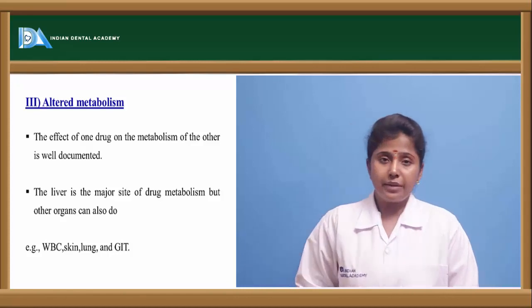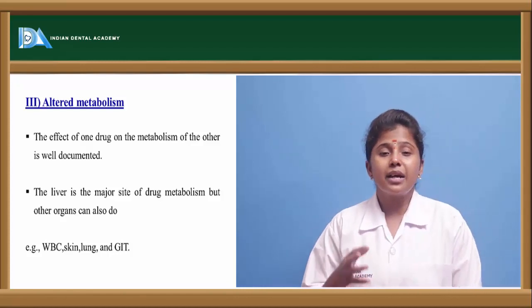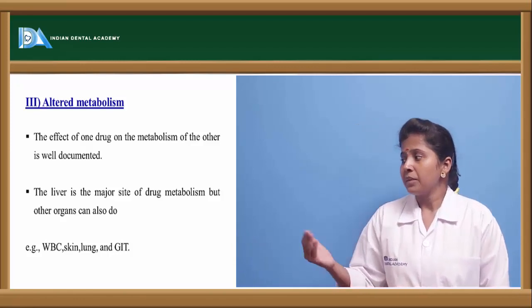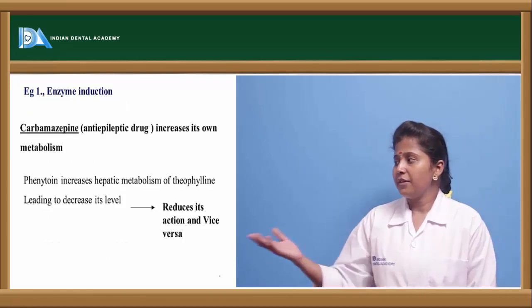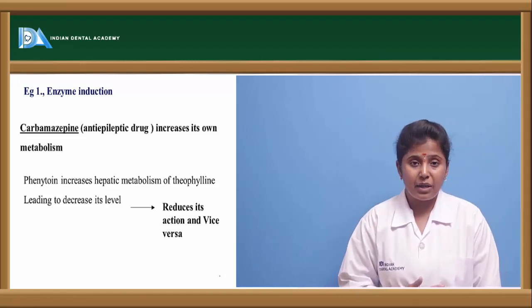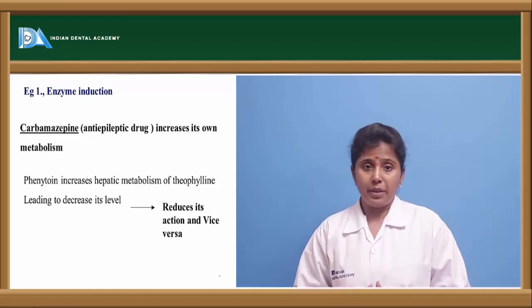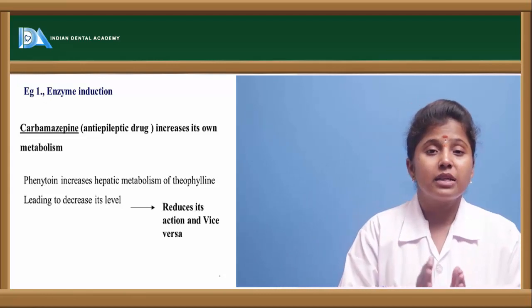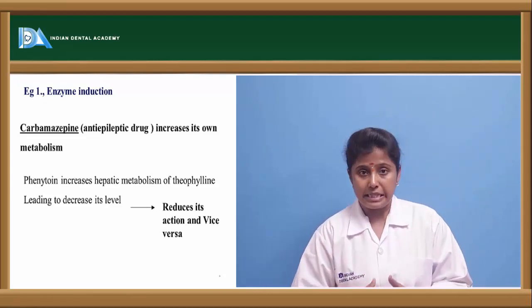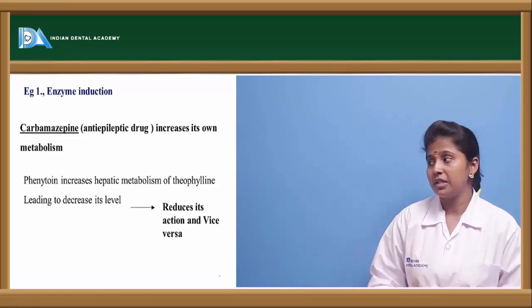The other one is altered metabolism. One drug may affect the metabolism of another drug. If we take examples like carbamazepine, an anti-epileptic drug, most of its metabolism occurs in the liver. Rarely it occurs in the skin and WBCs also, but most of it takes place in the liver.